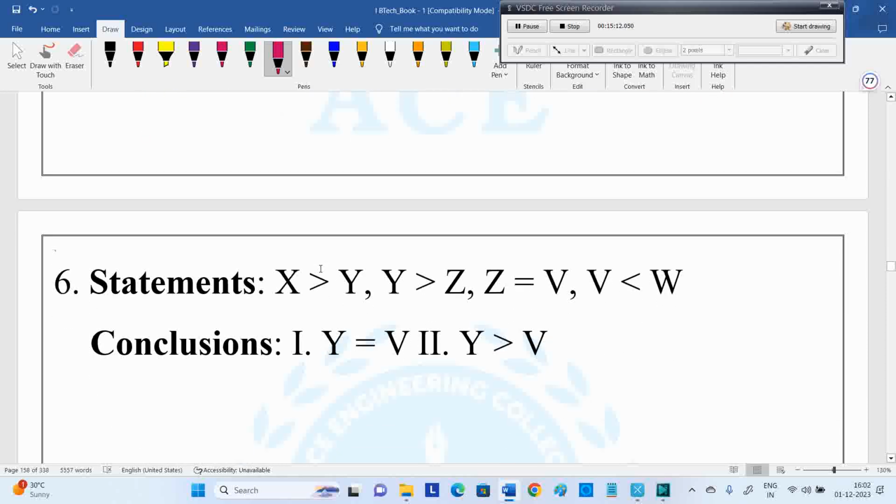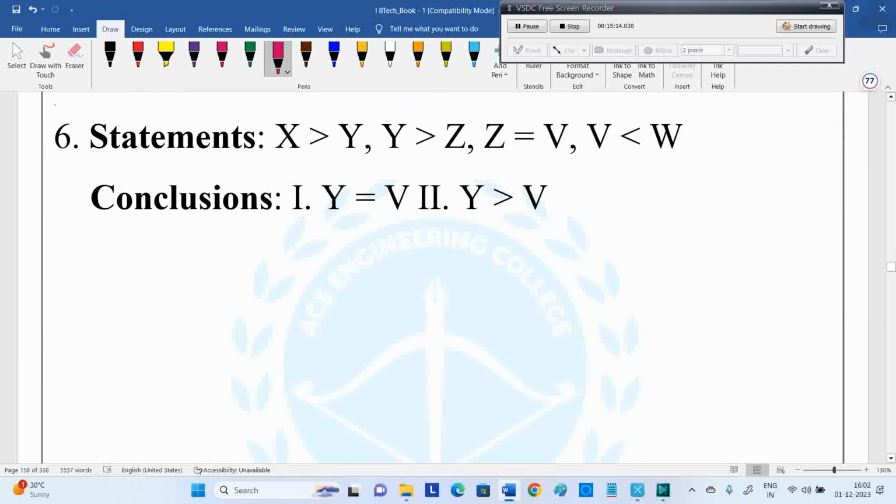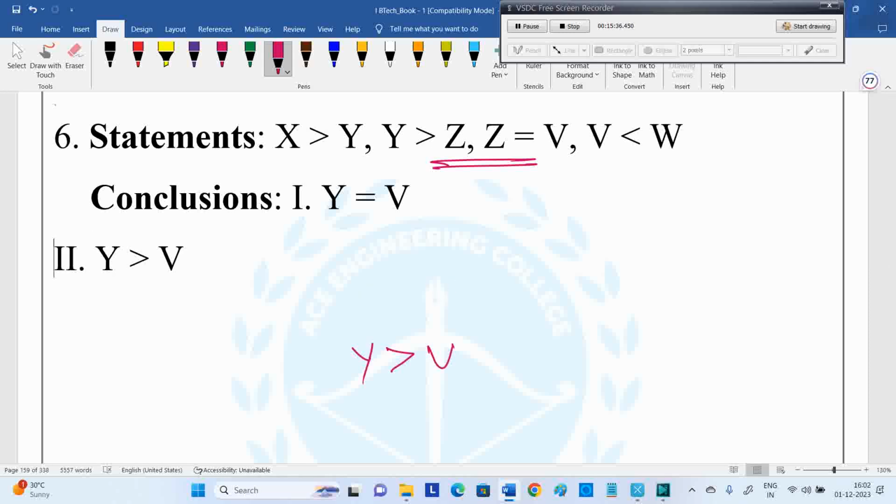There is a chance. Here, what are the conclusions? Y, V; Y, V. Don't say either one or two directly. Here Y greater than Z, Z equal to, in place of Z I can keep V. So only two follows. That's what your friends are conveying. So only two follows. I deliberately kept the next question immediately.